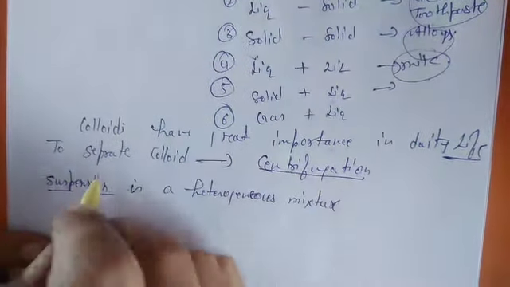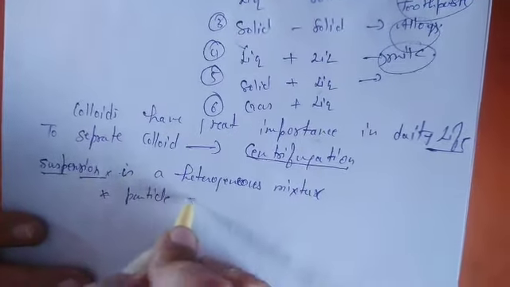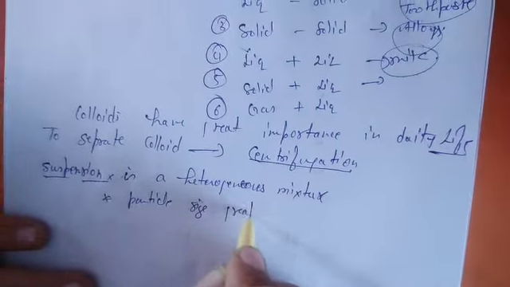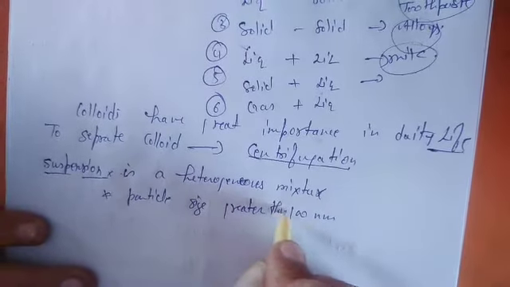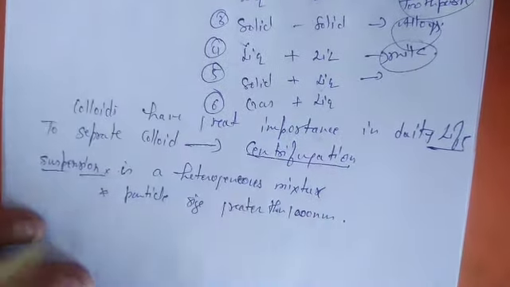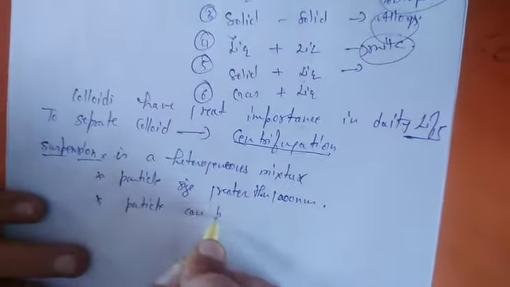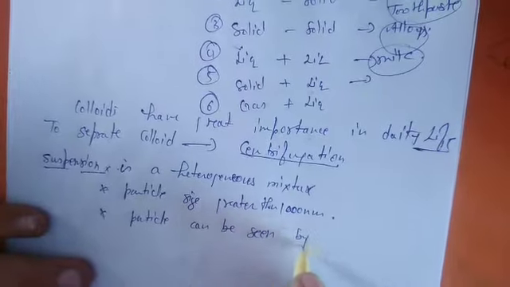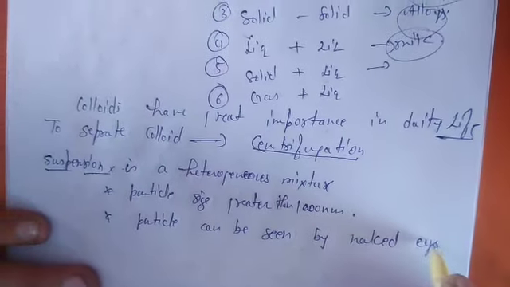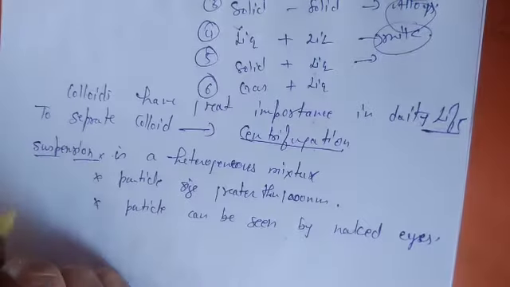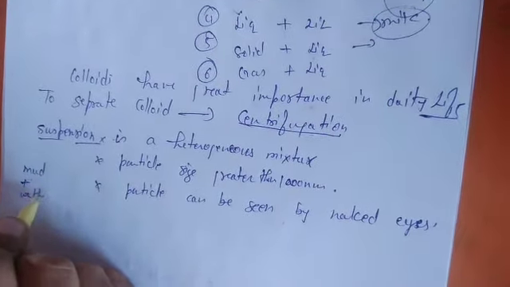The particle size is greater than 1000 nanometer, which means it is the largest in this case. Particles can be seen by the naked eye, meaning we can easily see them, for example mud dissolved in water. Particles can be easily seen.